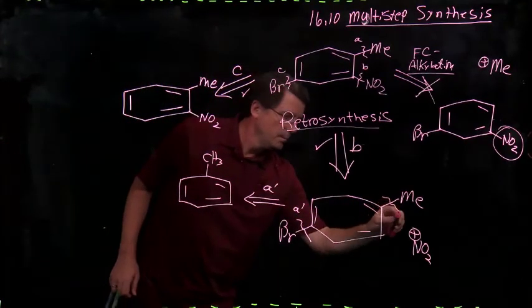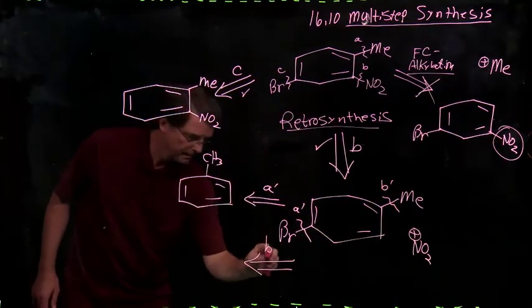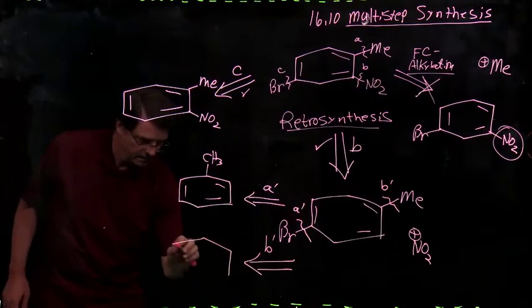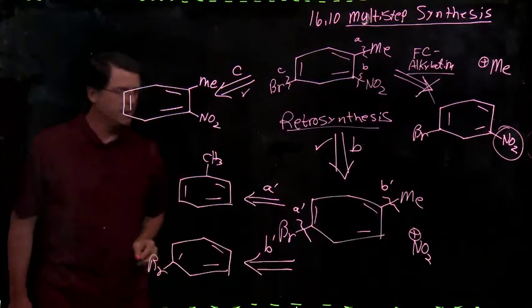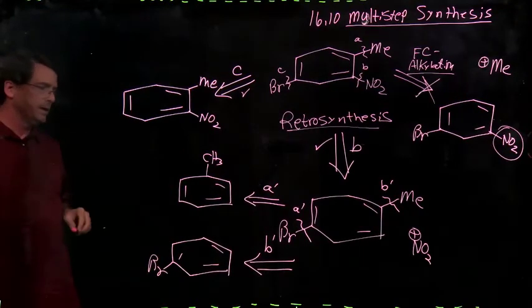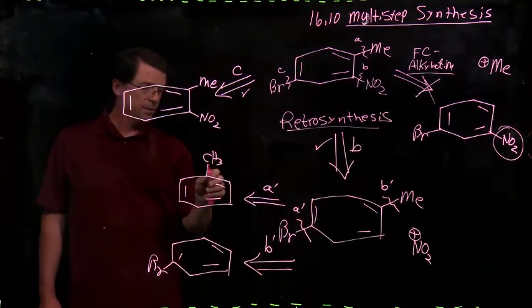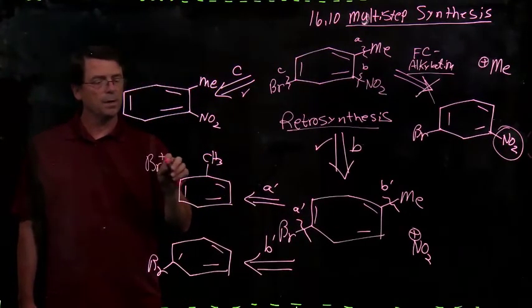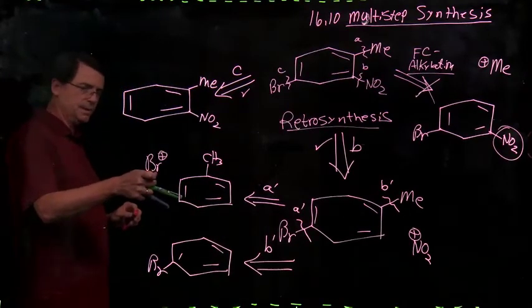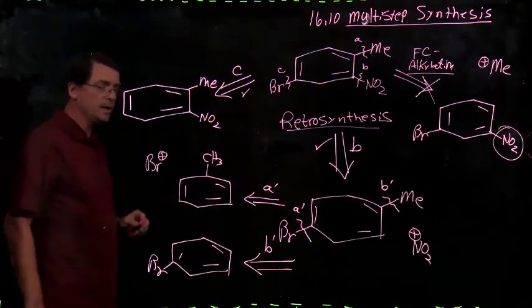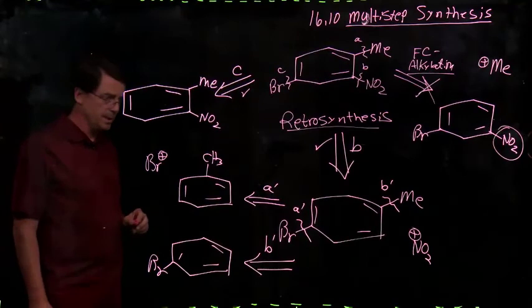The other pathway we'll call B prime. That would give us bromobenzene. Now, we can evaluate these steps. On toluene, if we're going to do bromination, it would be Br plus as our retron here, or synthon. So we know how to brominate this, and the para position would be one of the positions we would predict.